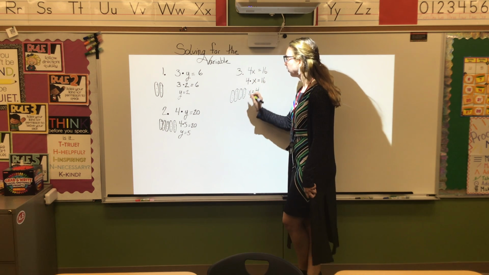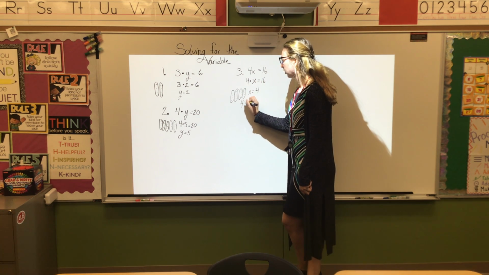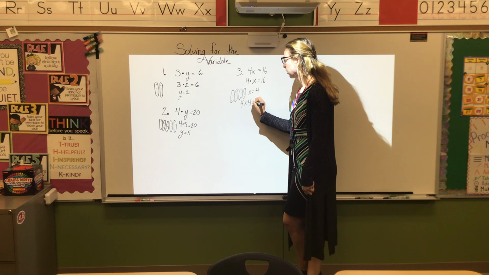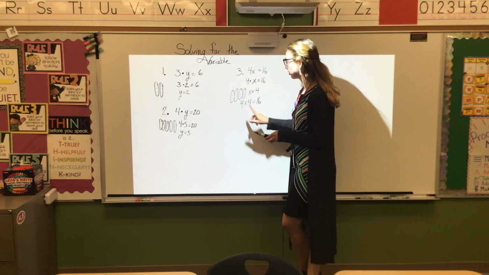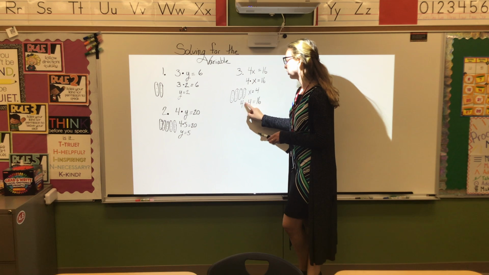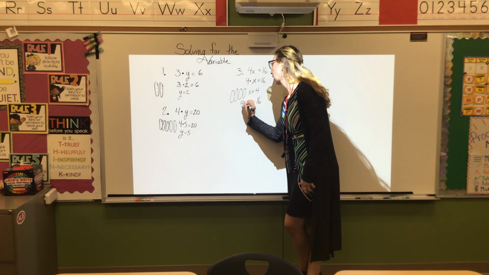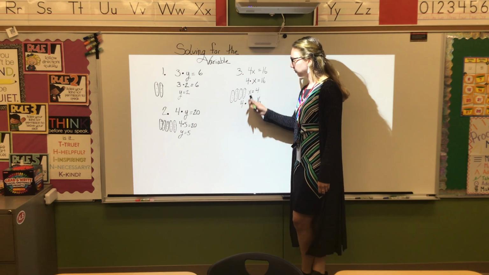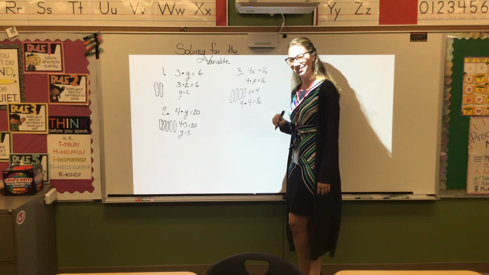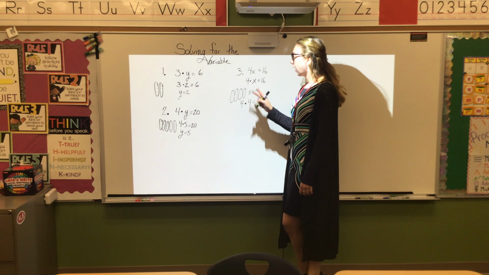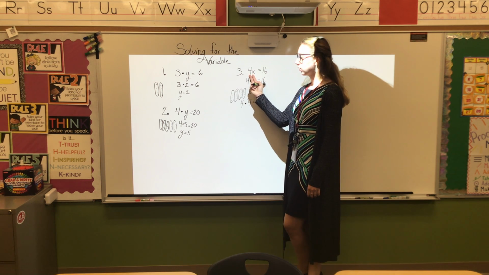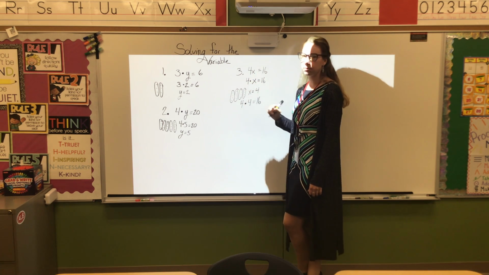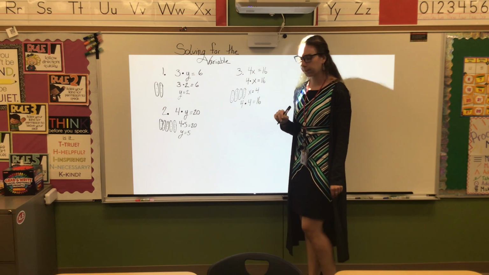Because that would make this whole equation 4 times 4 equals 16. Except Miss Farmer's going to change this x out because she was being silly, and it should be a dot to represent multiplication, right? We don't want the x there because then we'll get confused again. Having it written right next to the number is the same as having it with the dot in the middle. It's the same type of thing.